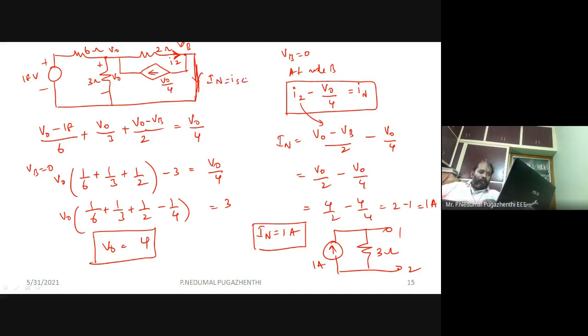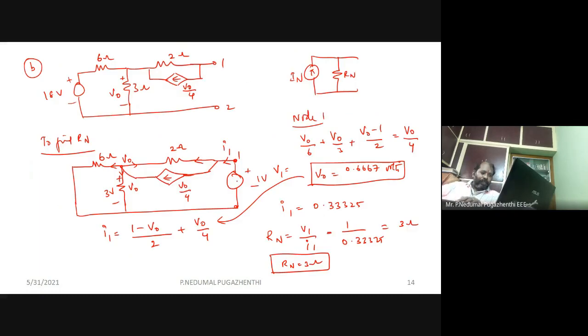In the previous case, instead of connecting this 1 volt source, you can keep this and try to find what is this VThevenin. That is also possible. And finding out the ratio between VThevenin and your ISC will give my RN or RThevenin. That also you can try and tell me.